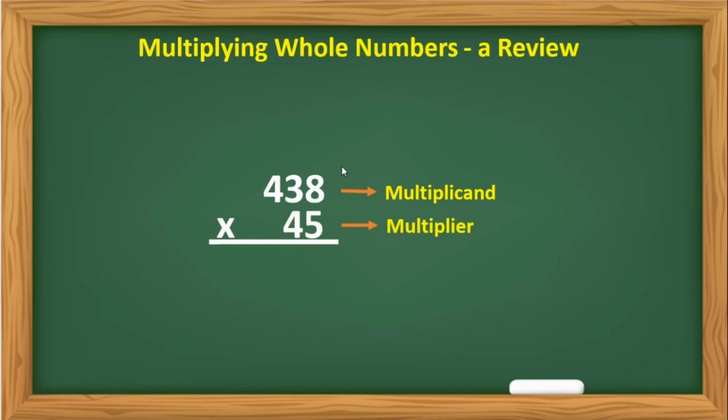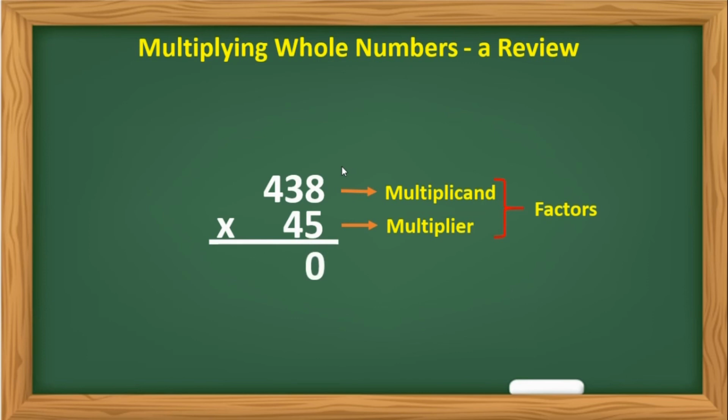Multiplicand is a number that can be multiplied, while multiplier is the one that multiplies all the digits of the multiplicand. They are also called factors. They have their functions, but they are called factors.